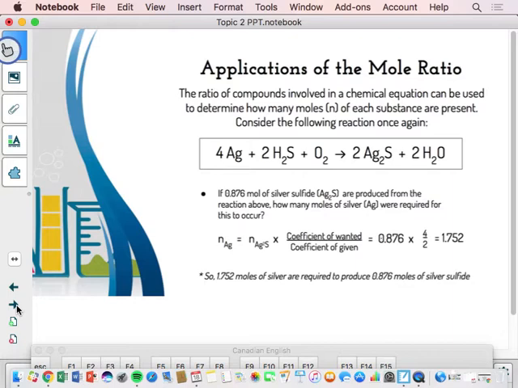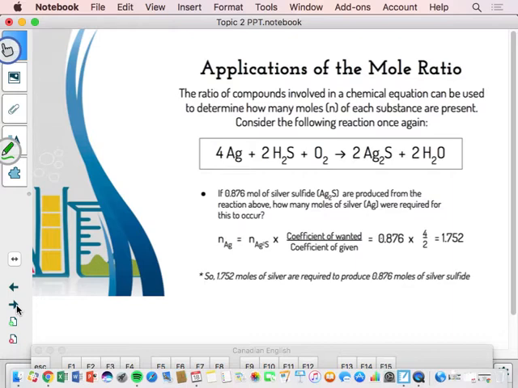So it says, if 0.876 moles of silver sulfide are produced from the reaction above, how many moles of silver were required for this reaction? So we use, I guess, this formula. We just take the number and multiply it by our mole ratio. I'll write it on this side.